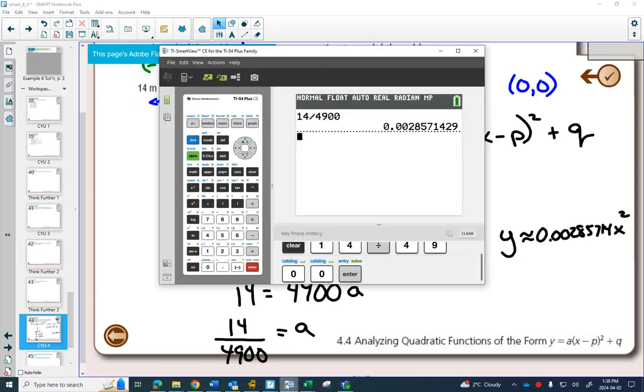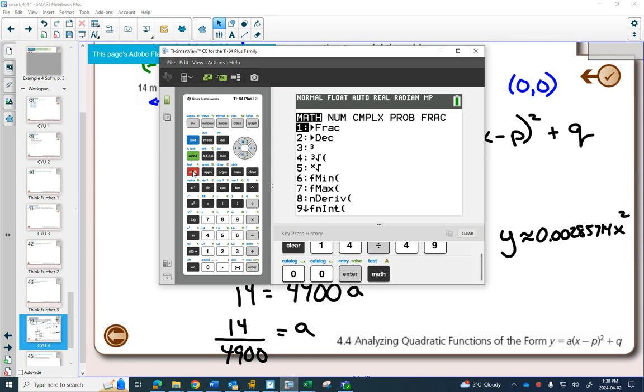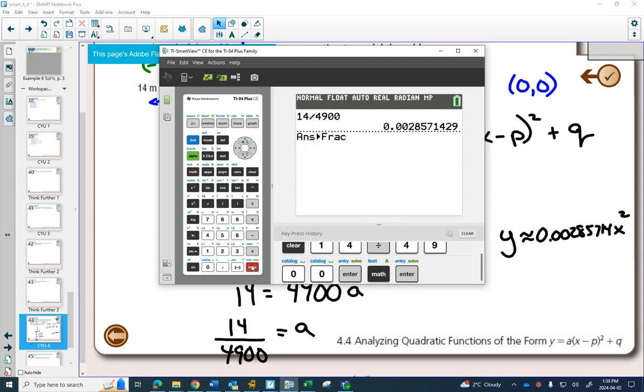But on your calculator, if you did 14 divided by 4,900, if you hit the math button, the very first thing says you can change things back to fractions. So if I push enter on that, it says, would you like to change your answer back to a fraction? And when it changes it back to a fraction, it changes it to lowest terms. So that's kind of neat.